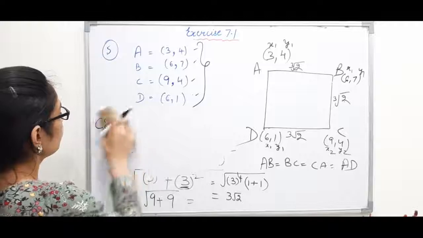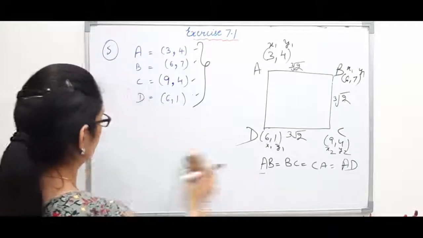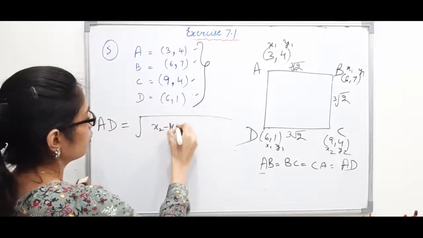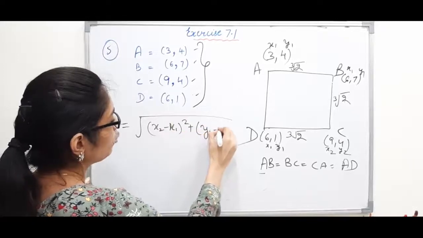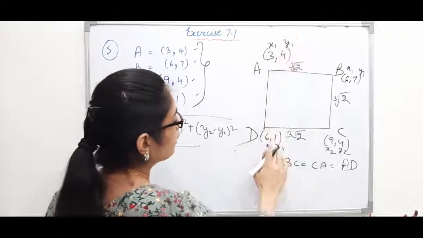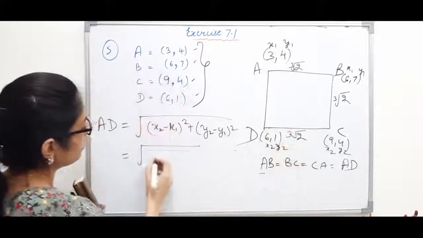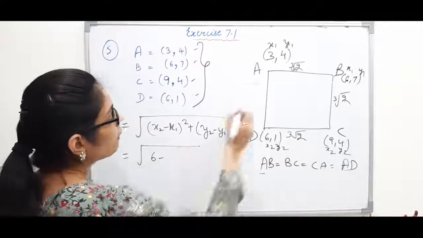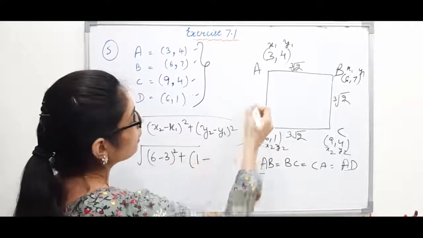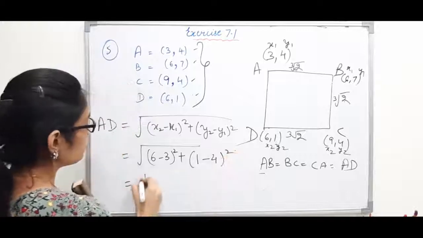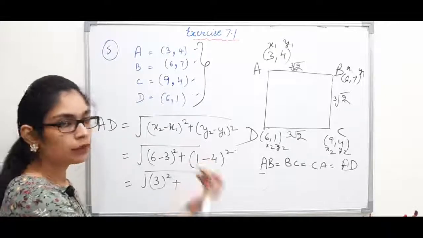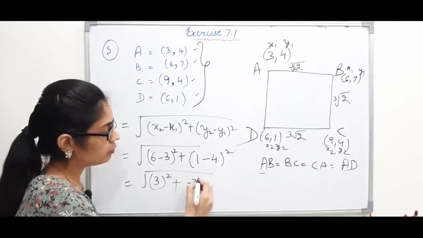Now let's find the value of AD. Same formula, only the values of x1 and x2 will get changed. x2 minus x1 whole square plus y2 minus y1 whole square. So now let's name it as x1, y1, and here we will name it as x2, y2. So x2 is 6 minus x1 is 3, whole square, y2 is 1 minus y1 is 4, whole square. 6 minus 3 is 3, whole square. 1 minus 4, minus plus is minus, so 4 minus 1 is 3, and with the sign of the bigger number.